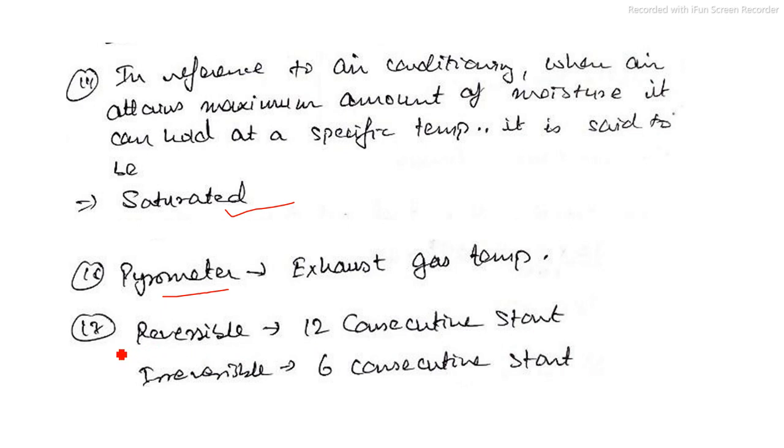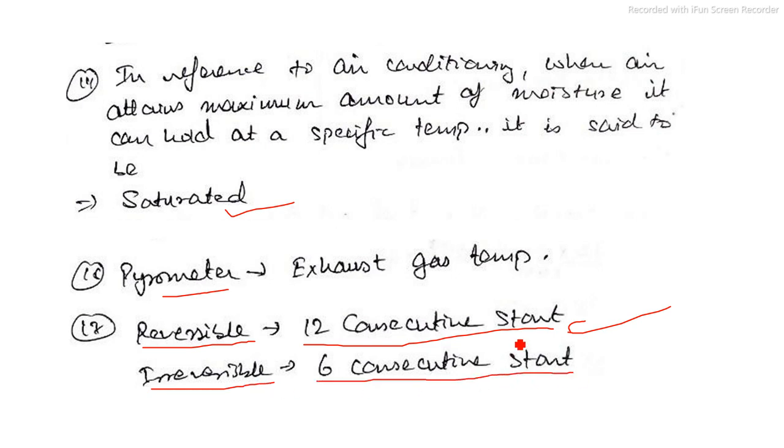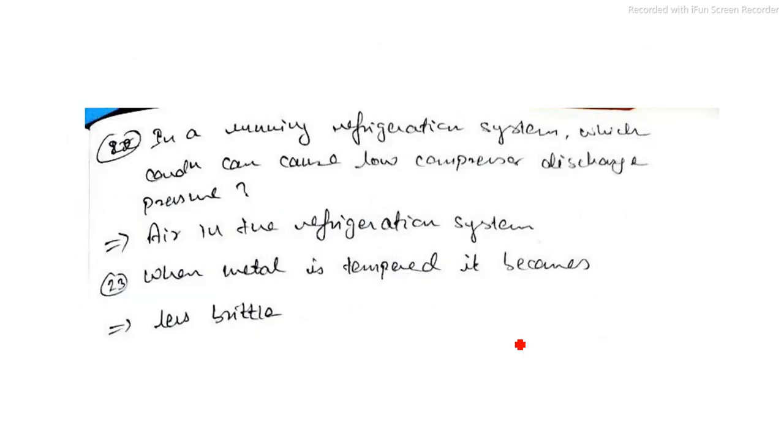Then this is for how many consecutive starts are needed from the air bottle. The air starting system, in case of a reversible engine, should be capable of 12 consecutive starts, and in case of an irreversible engine, it should be capable of 6 consecutive starts. Next, in a running refrigeration system, which condition can cause low compressor discharge pressure?